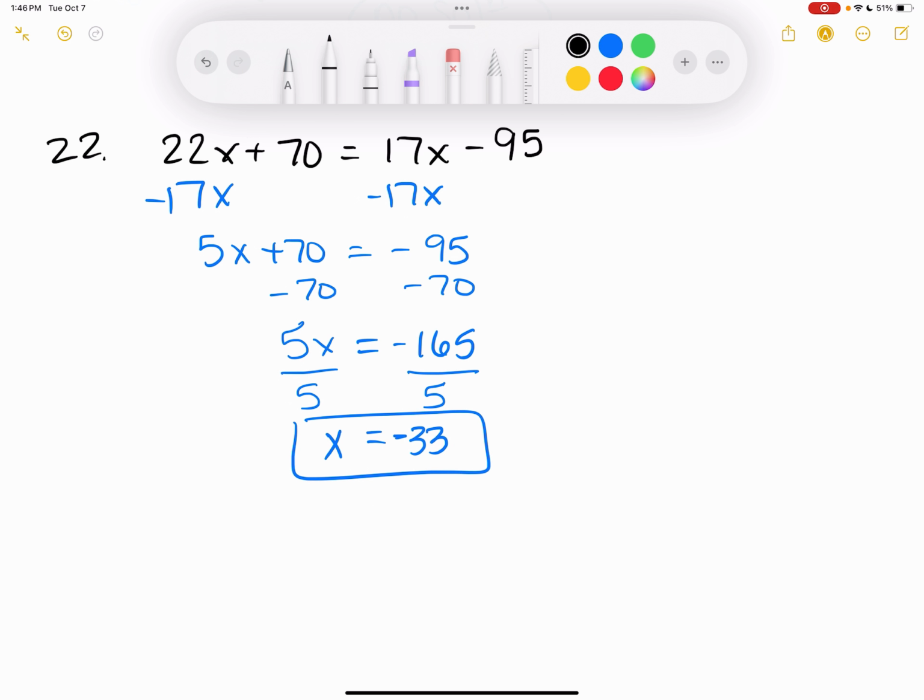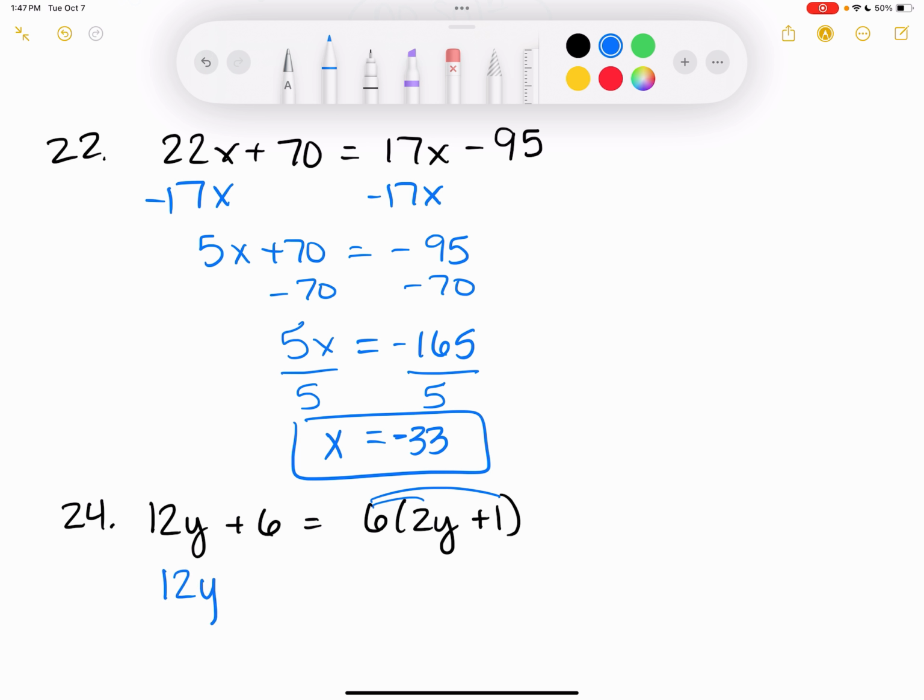24. 12y plus 6 equals 6 times 2y plus 1. So what do I have to do first on this kind of a problem? Distribute.